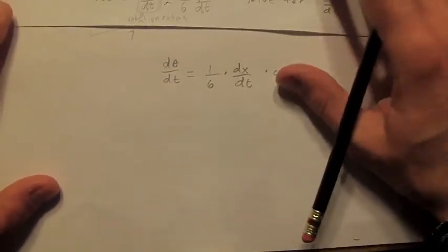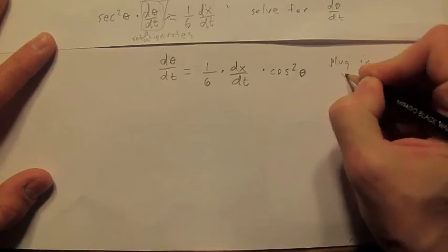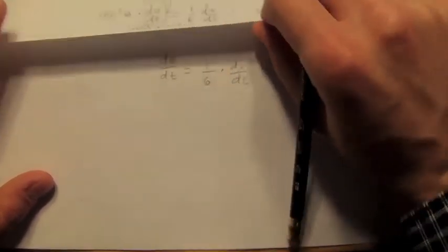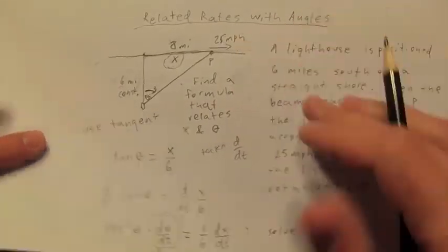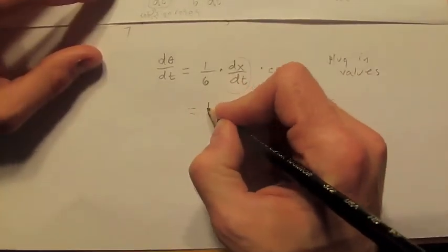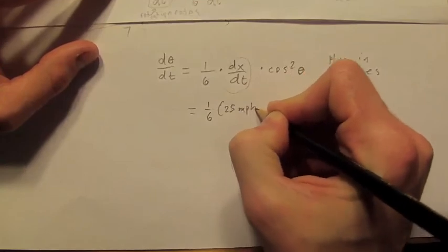Okay. So now we're going to start plugging in all of our values. We know dx/dt is 25 miles per hour, so let's go ahead and plug that in. 25 miles per hour.